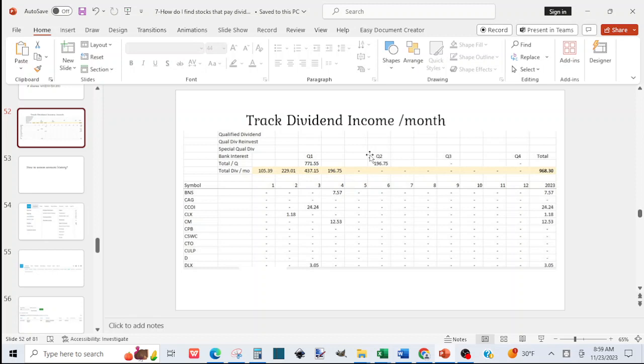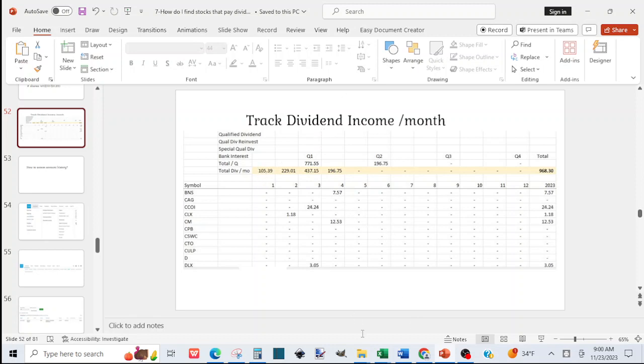If you are investing in dividend income stocks, I suggest you track your dividend income to see how much income you are making through dividends. It is rewarding, and it gives you more encouragement to continue investing in those dividend stocks. It also allows you to know when you need to make estimated tax payments to the IRS and to your state as well. Let's talk about the first one.